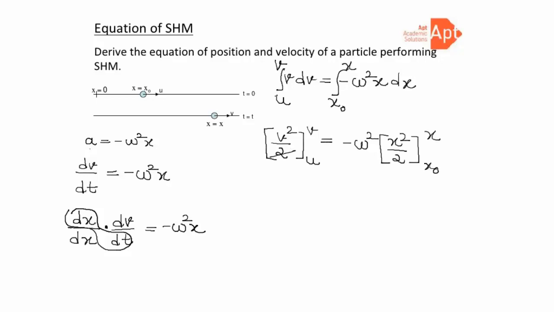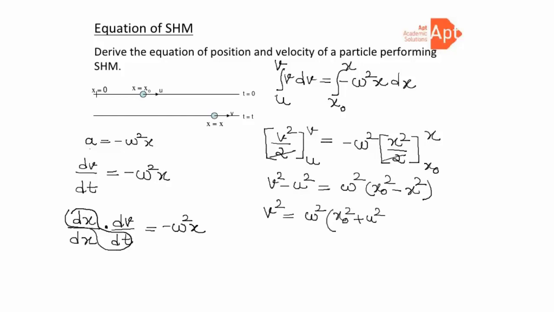The 2 cancels out from either side. We are left with v square minus u square is equal to omega square into x naught square minus x square. On rearranging, we have v square is equal to omega square x naught square plus u square by omega square, minus omega square x square.